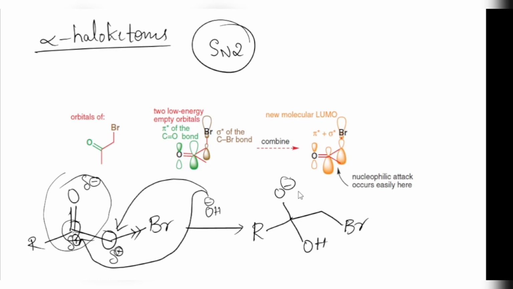This is the tetrahedral intermediate. When the electrons come back again, like this, we will get the reactant back. That means there is no use of this attack at the carbonyl group, because it is reversible.